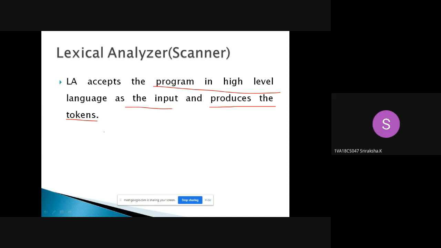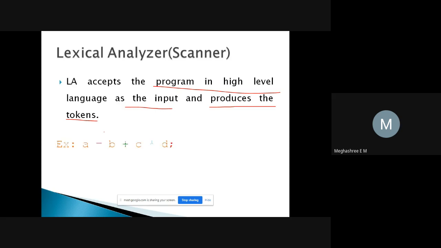It's the smallest element in the program. Okay, tokens are the smallest elements of a program. What are the different types of tokens that you have come across? Identifier, keywords. Yeah, very good. It may be identifiers, keywords, strings, operators. All together we call them tokens. Very good. So the output of this lexical analyzer will be tokens.